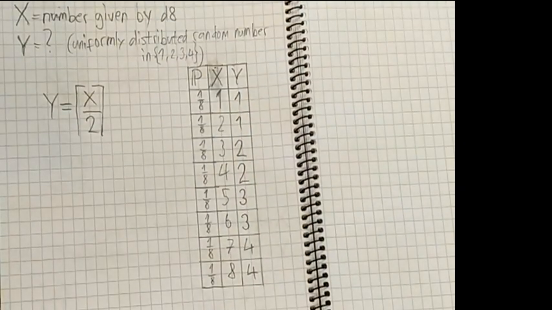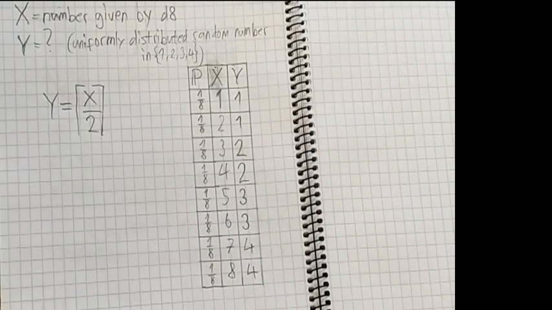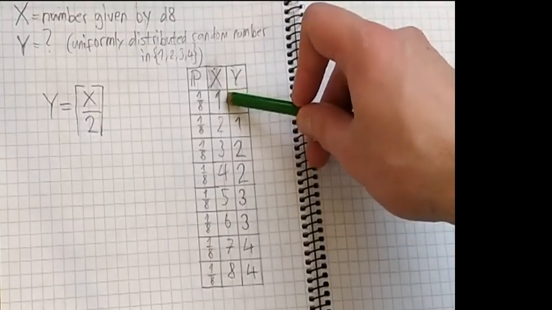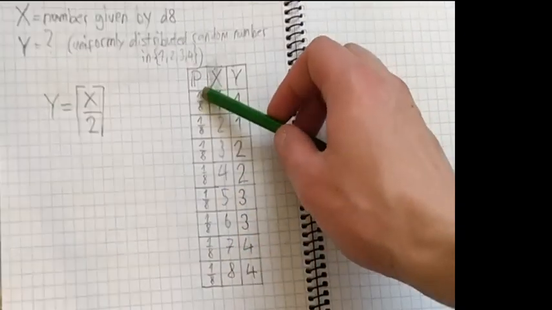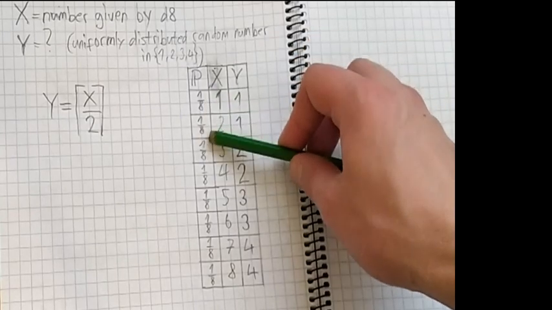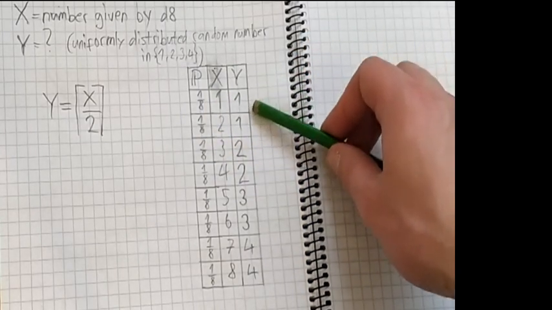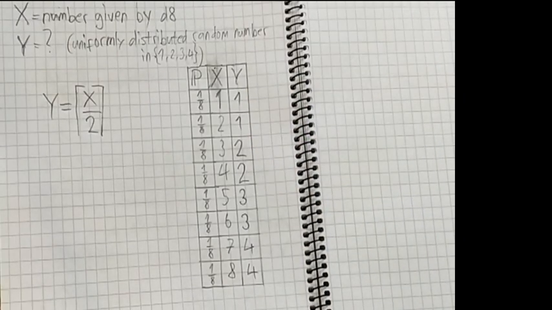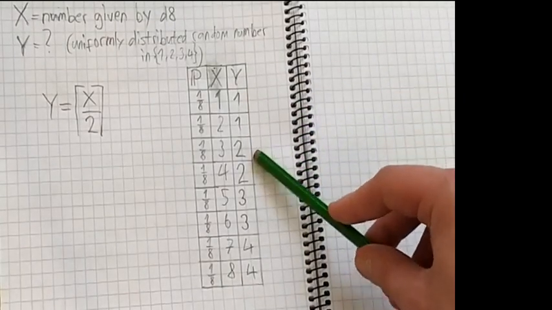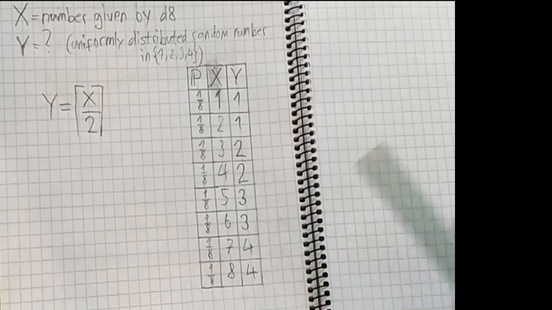And of course, as for whether or not this is uniformly distributed, X has 8 equally likely outcomes. Each has the probability of 1/8, and as we can see, there are 2 values of X for each Y, which gives it. So the probability of each value of Y is 1/4, as it should be.